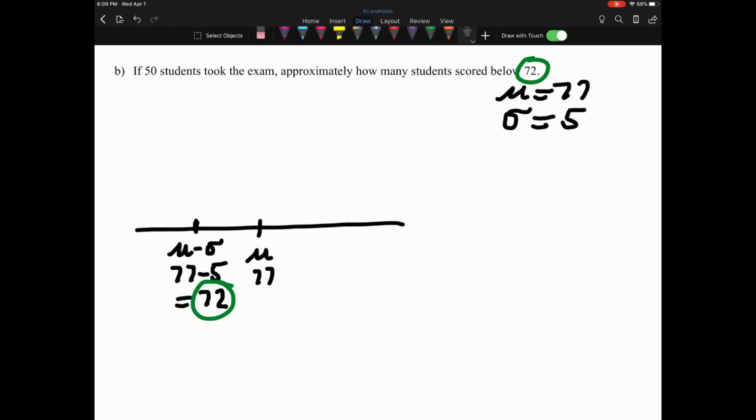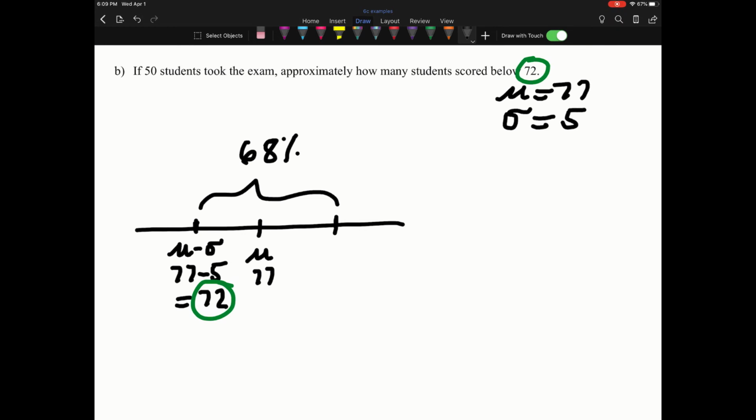So what if I refer again to the empirical rule? The empirical rule says that about 68% of all students scored within 1 standard deviation from the mean.